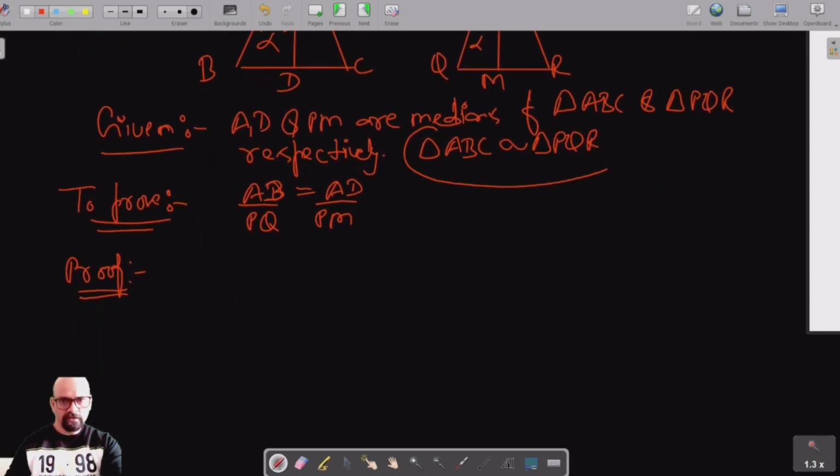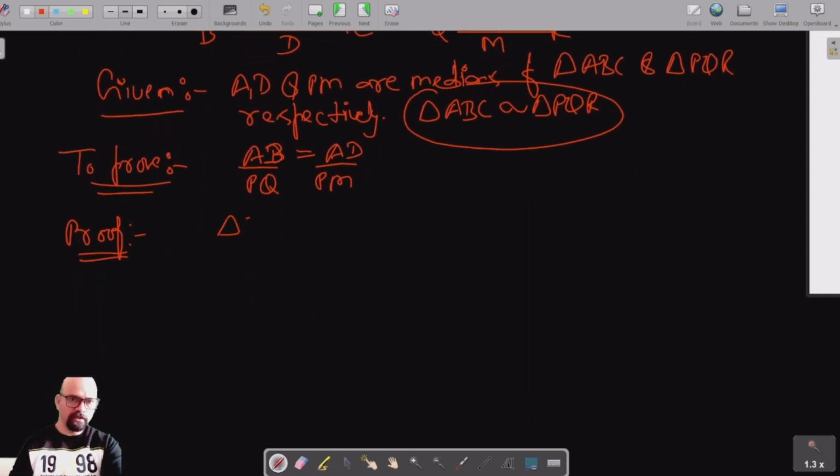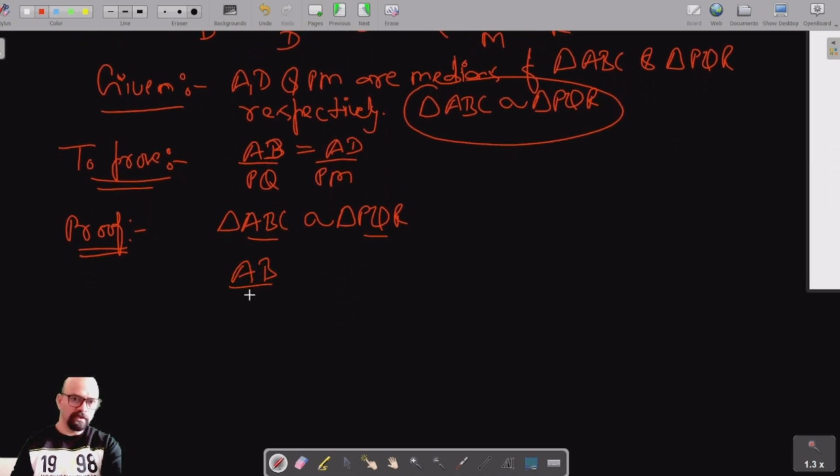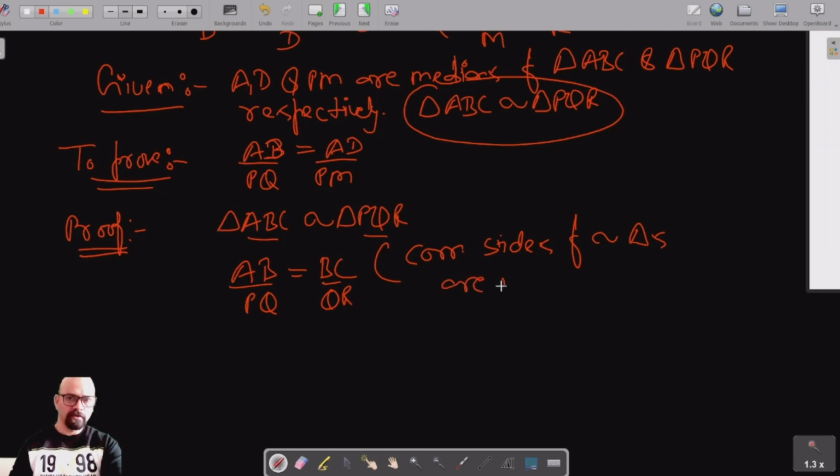And for that, let's take the help of triangle ABC, which is similar to triangle PQR. So AB by PQ should be equal to BC by QR, because corresponding sides of similar triangles are in the same proportion.